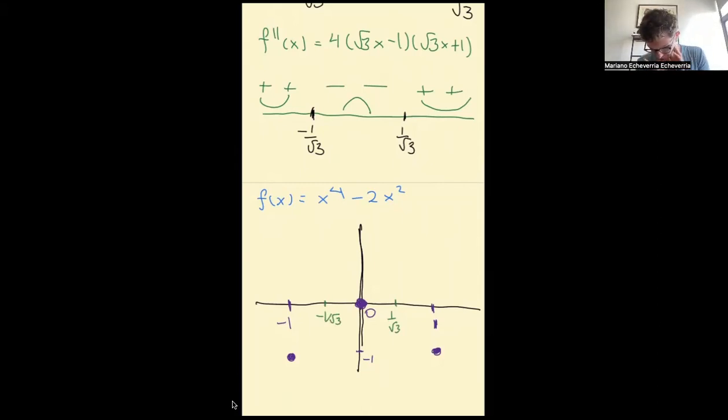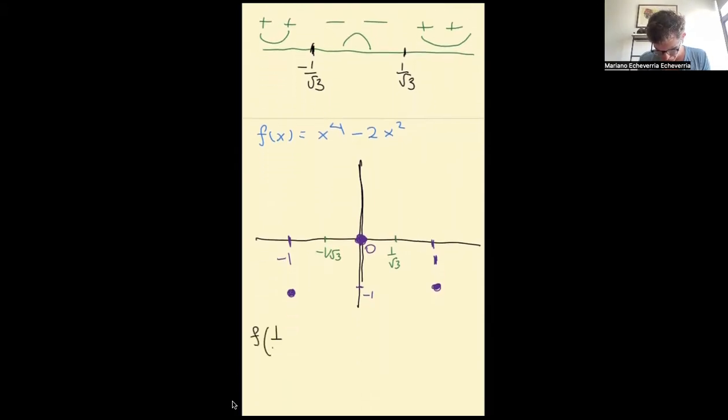Okay. And what is f at those values? So let me just compute them here. What is f of 1/√3? That's 1/9 minus 2/3, right? Is that what you found? The exact number itself doesn't matter too much.